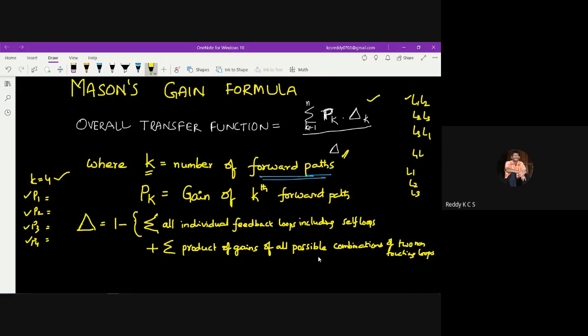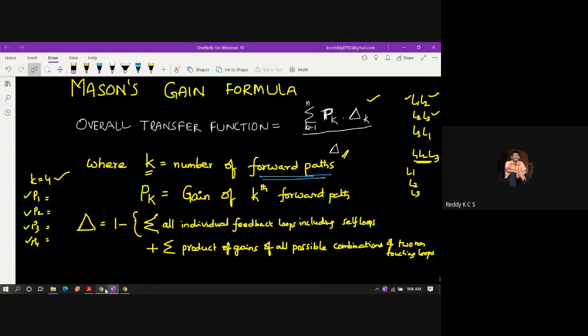Say, for example, L1, L2, L3: these three non-touching loops form one combination of three non-touching loops. So here we have three combinations of two non-touching loops. This is one, this is one, and this is one. That is how we can find them.